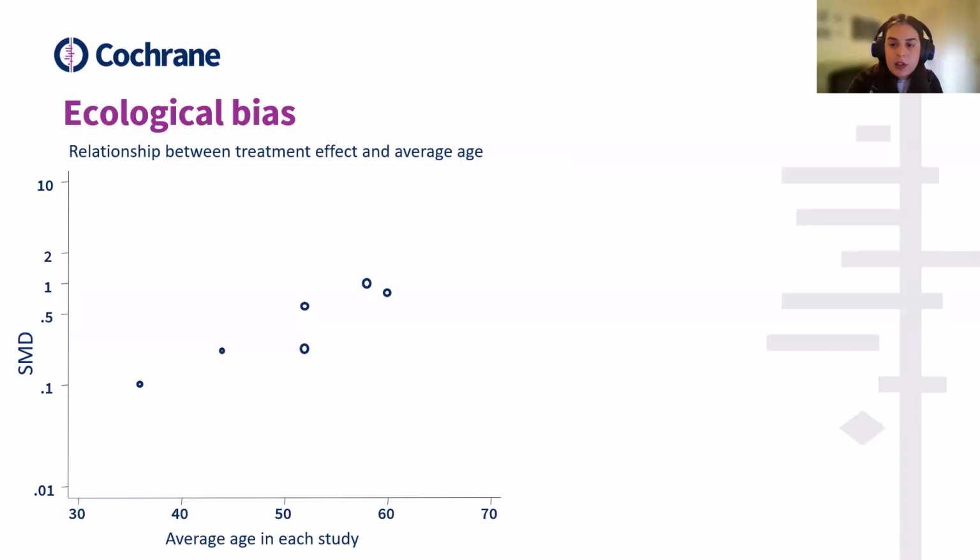So if we consider fitting a line through these points, then we are relating the treatment effects with SMDs with the average age per study. So in our case, this tells us that studies with older patients show a bigger benefit.